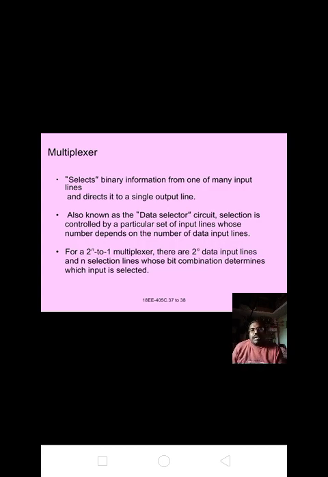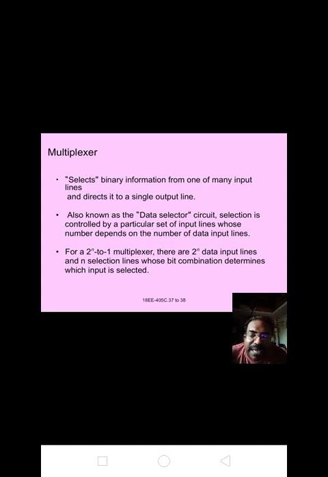A multiplexer selects binary information from one of many input lines and directs it to a single output line, also known as the data selector circuit. Selection is controlled by a particular set of input lines whose number depends on the number of data input lines.